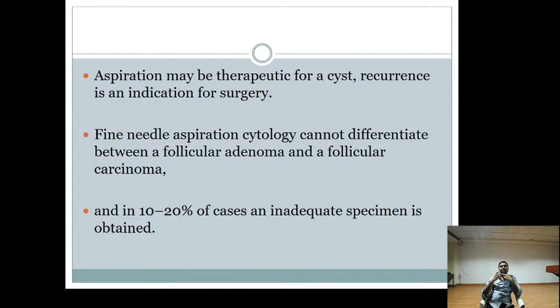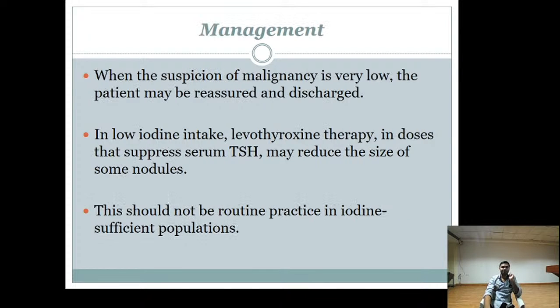Aspiration may be therapeutic for a cyst. If the cyst recurs after FNAC, then we go for surgery. Fine needle aspiration cytology generally cannot differentiate between follicular adenoma or follicular carcinoma. In 10 to 20% of the cases with FNAC, inadequate specimen is obtained.